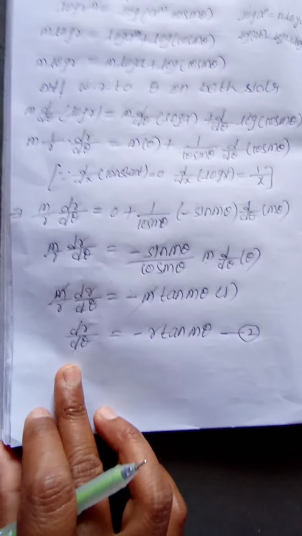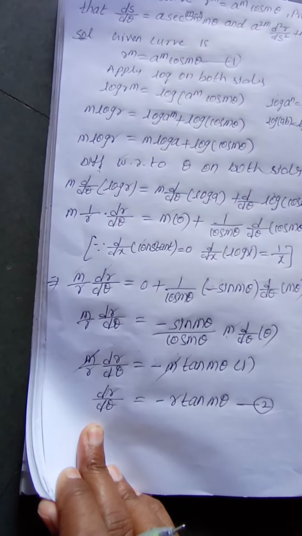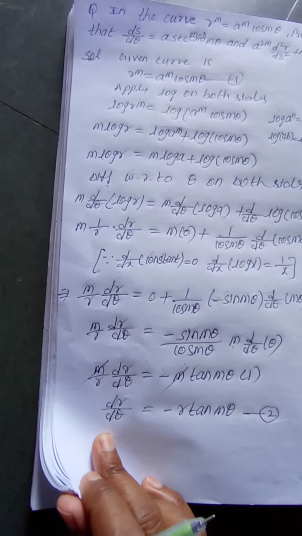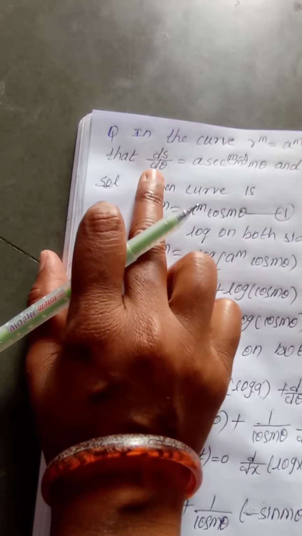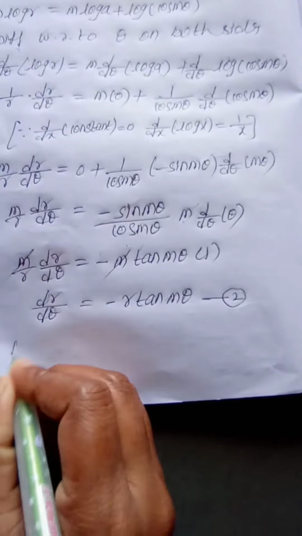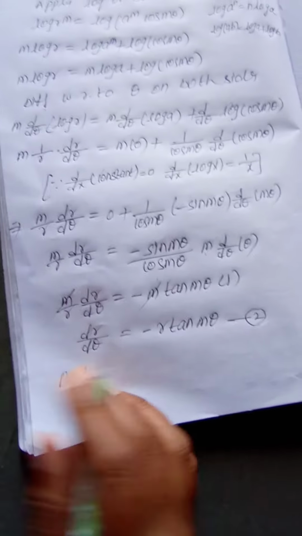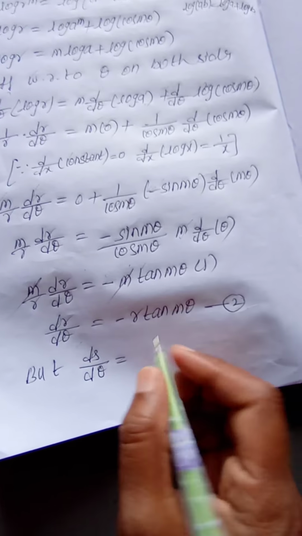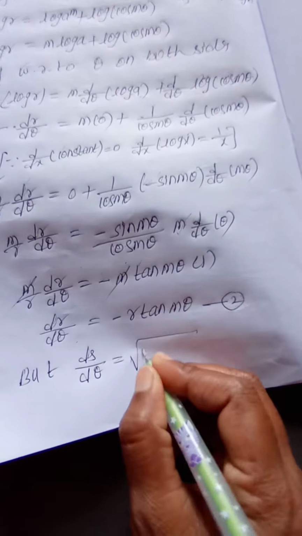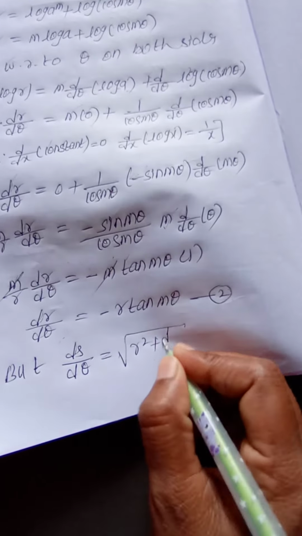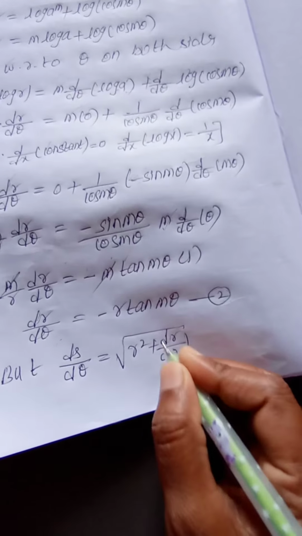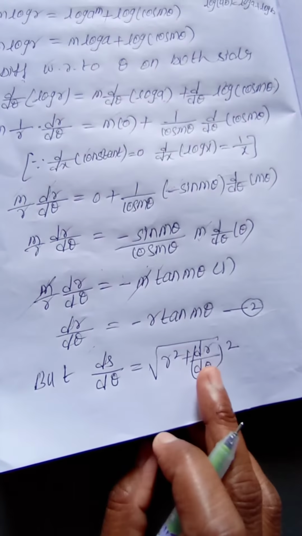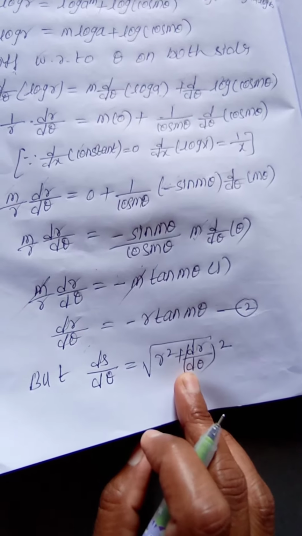So dr by d theta. In the question we have to find ds by d theta. We know the formula: ds by d theta equals under root of r square plus dr by d theta whole square. So here substitute dr by d theta.